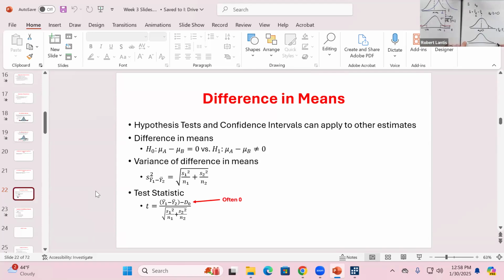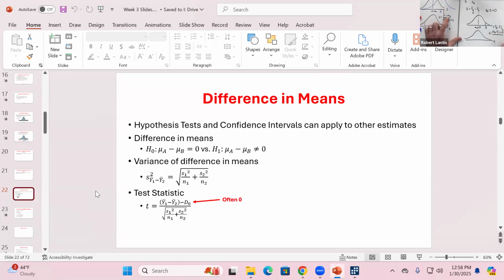So how am I going to turn this sample difference into a test statistic? It's going to be very similar. To calculate my test statistic, I no longer have a sample mean. I'm looking at the difference in my sample means. I'm going to then subtract the assumed true difference, but here my assumed true difference is always going to be 0, so I can kind of ignore that.